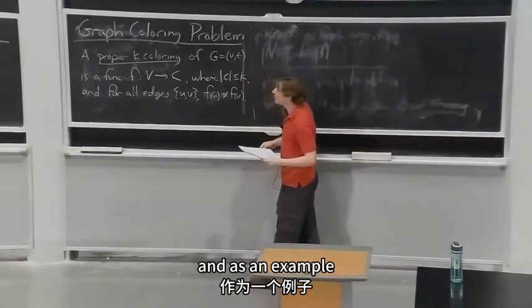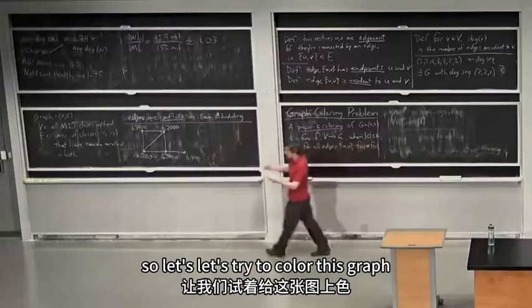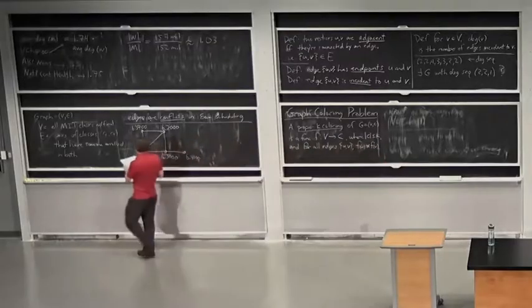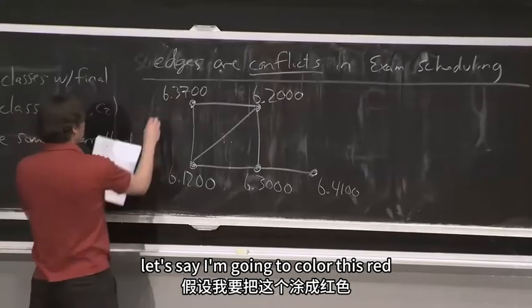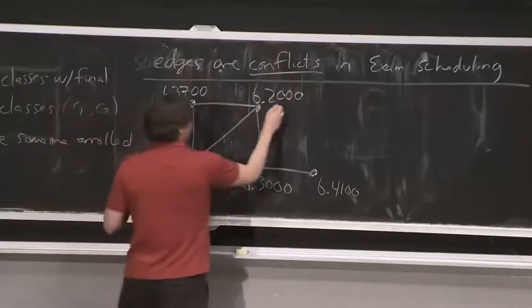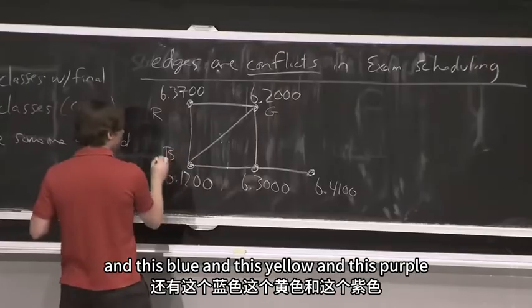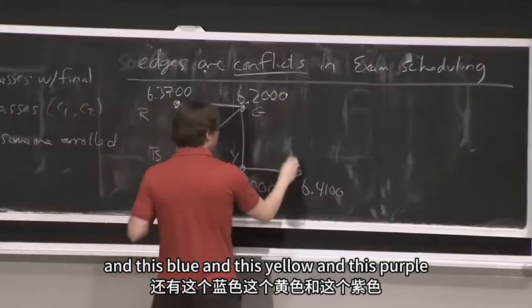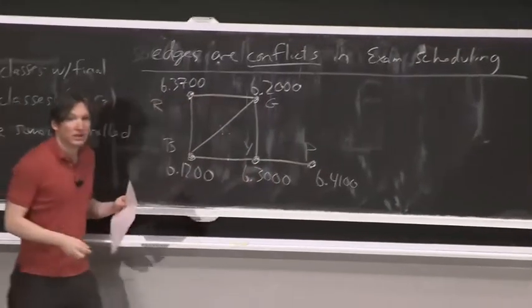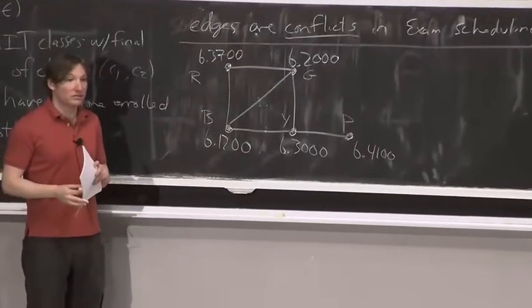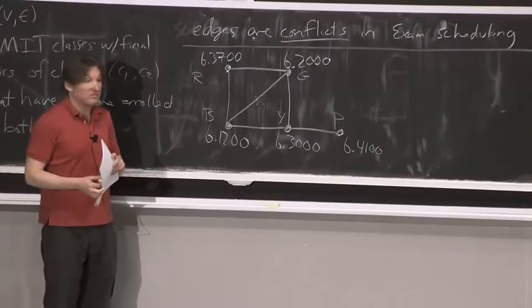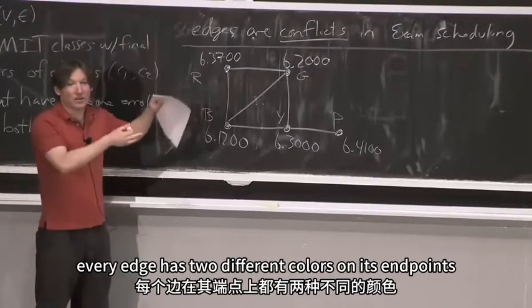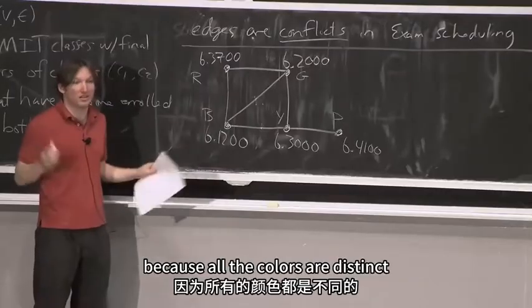And as an example, let's try to color this graph. Okay, let's say I'm going to color this red, and this green, and this blue, and this yellow, and this purple. Is that a proper coloring? Yeah, every edge has 2 different colors on its endpoints, because all the colors are distinct.